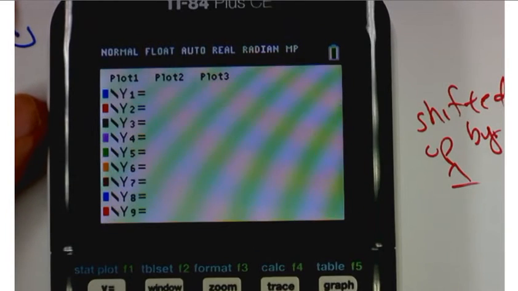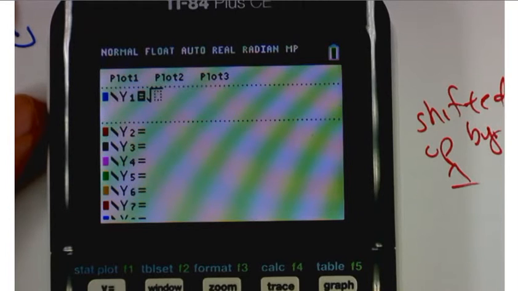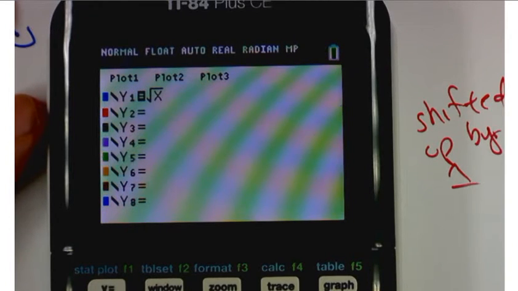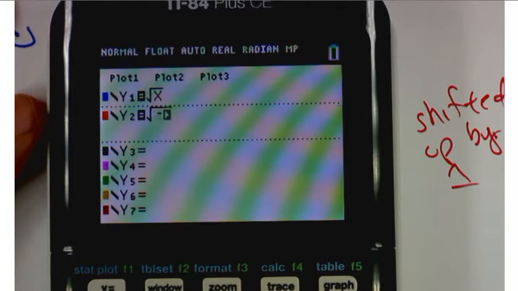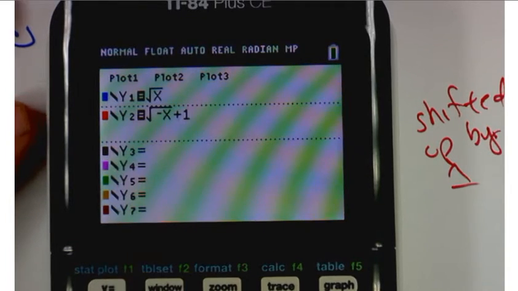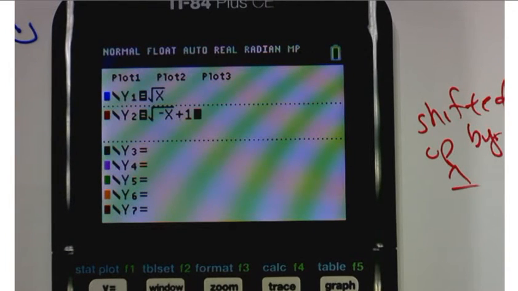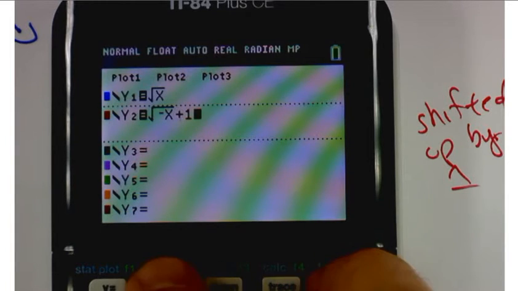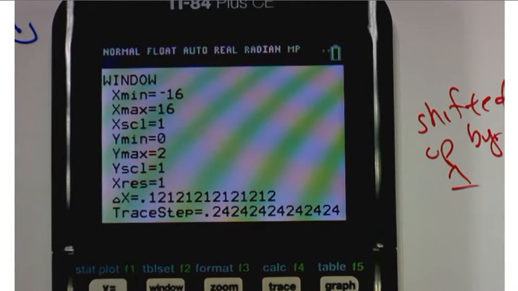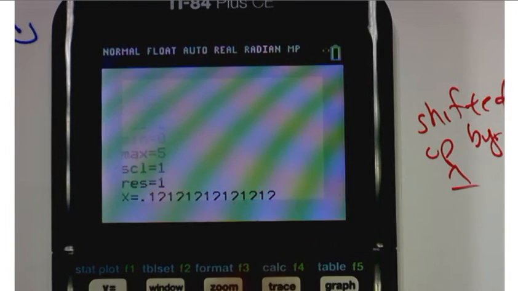Make sure that when you enter in that plus 1 that you're not under the root anymore, because that would cause a much different shift. We'll keep our window the same. Maybe I can bump up the y max to, say, 5. So there's a graph of your square root function. And two things have happened here. It's been flipped around the y-axis and it's been moved up by 1. So, cool. Thanks, Michael.